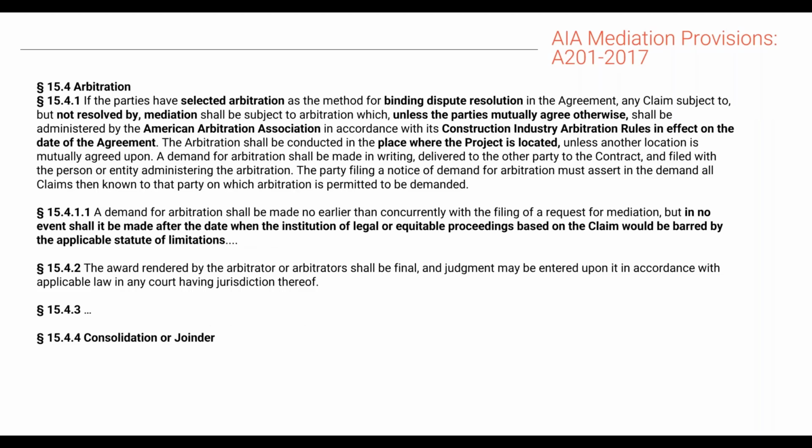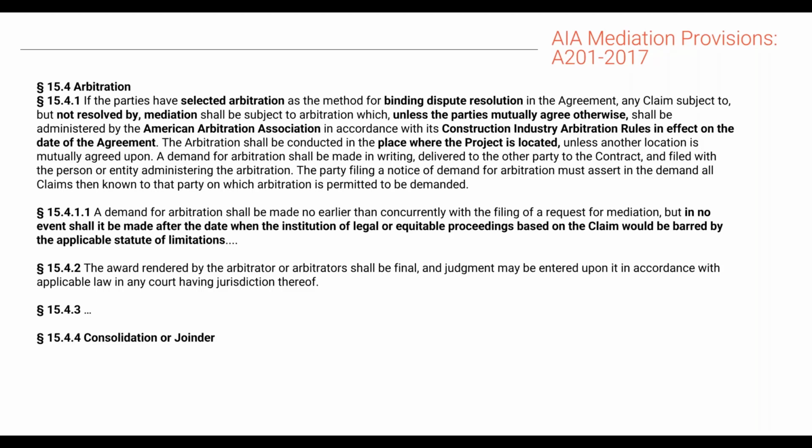Now, after mediation, if the parties don't settle, then it's arbitration. The AIA documents have changed over the years. At points, arbitration was the default. Now, arbitration is one of a few items that you can select for binding dispute resolution.